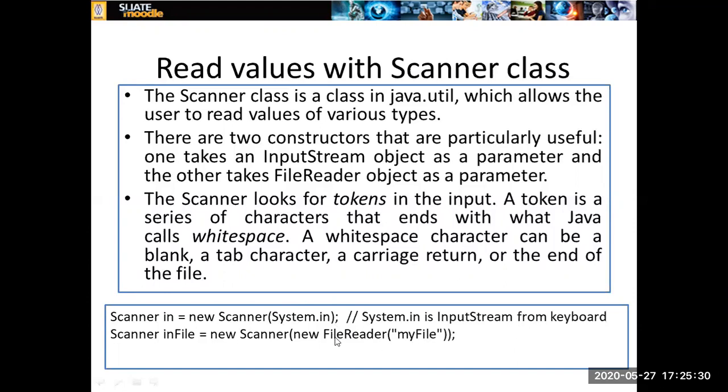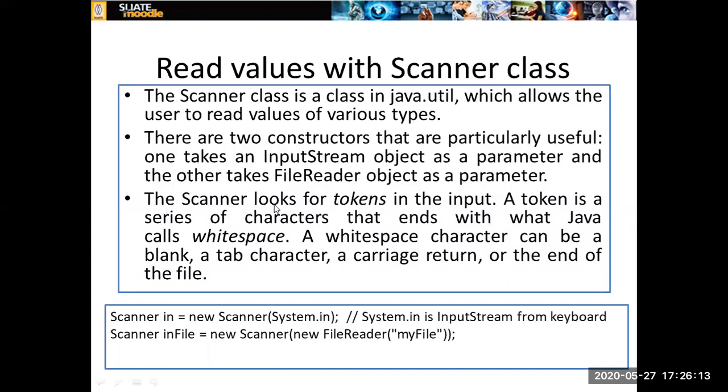So now you can see we can use the Scanner class either to read values from the keyboard, and also for file reading. You will understand that the Scanner class can be used to read the values the user inserts from the keyboard, and also for file reading, because it has these two constructors, right?